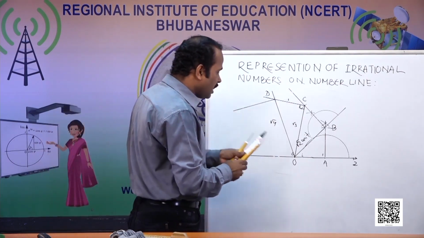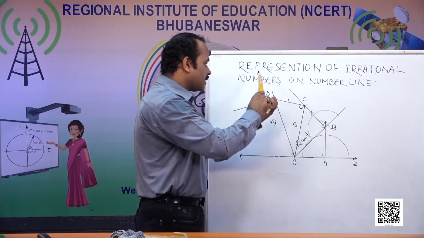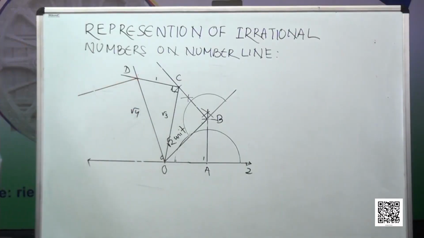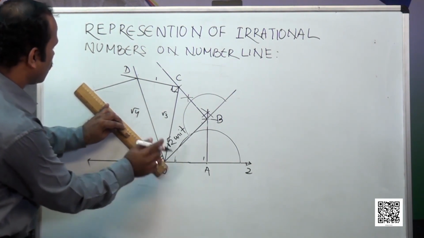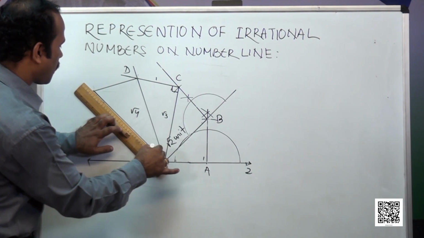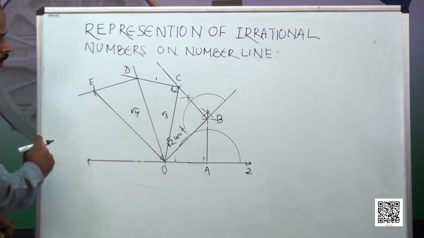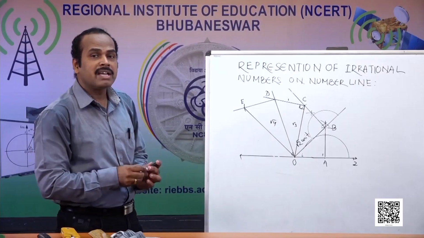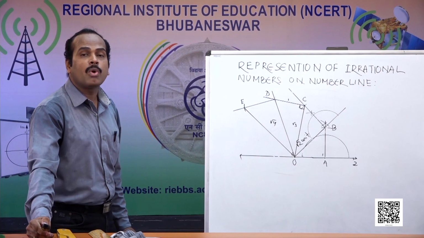If I select the same length of 1 unit at every point, I will find the next point, suppose E. So in this process, if I go on continuing, I will find there is a spiral. That spiral is called the square root spiral.